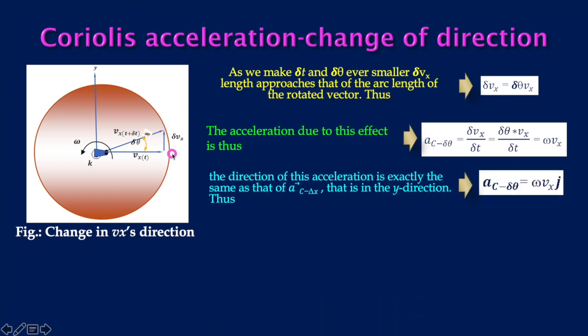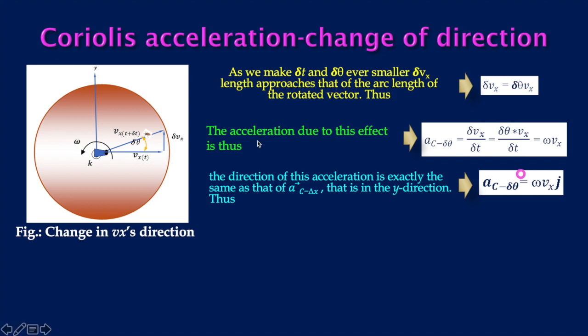Again, as I have told you, this is perpendicular to y, so the direction is j. So we are getting another component of this Coriolis acceleration due to the change of direction.